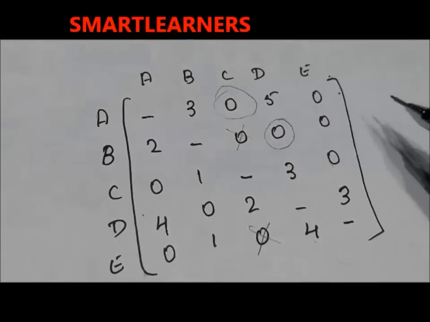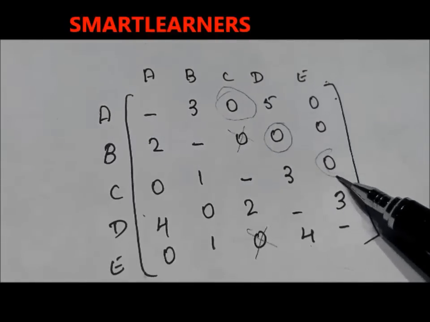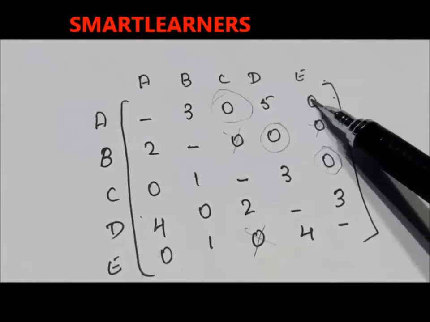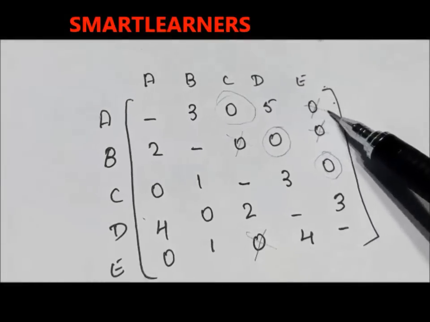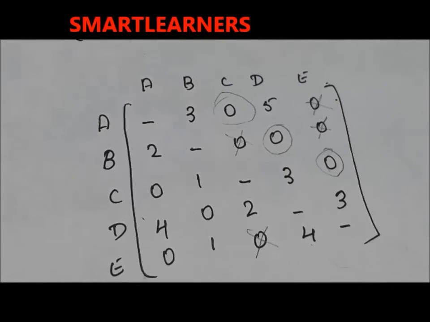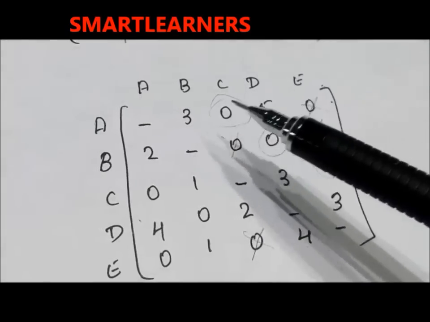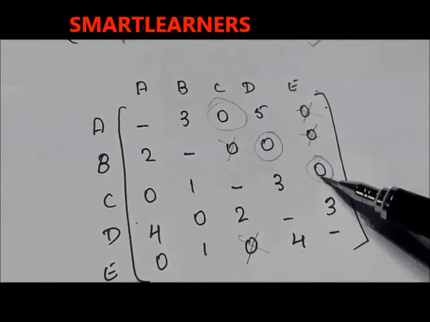So what we are going to do, we are going to choose this particular zero and cancel out every other zero present in that particular column. Fine. So we are done with the A, B, C rows.